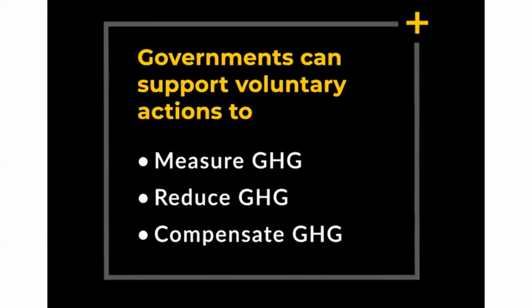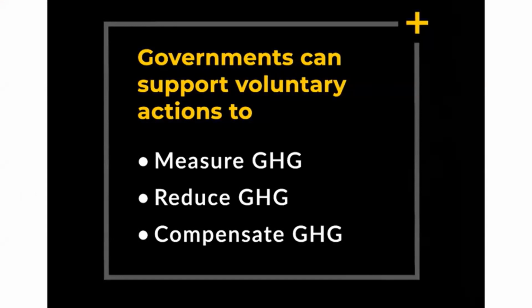Governments can support voluntary actions to measure greenhouse gases, reduce greenhouse gases, compensate greenhouse gases. I remember last time I spoke to you, I talked about how this issue of climate change is very much political. Certain countries have got a reputation to hold. And so you'd find they wouldn't like other countries to find out the exact amount of greenhouse gases that they are producing, maybe because they're producing more than has been agreed upon.